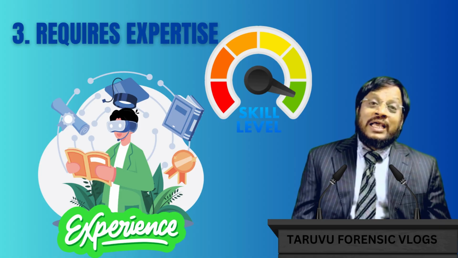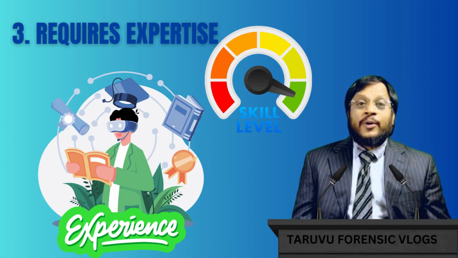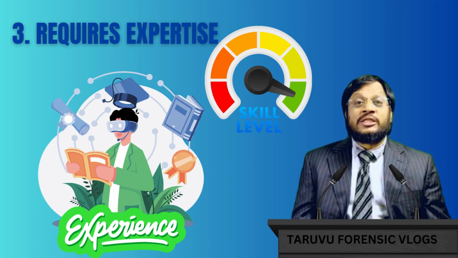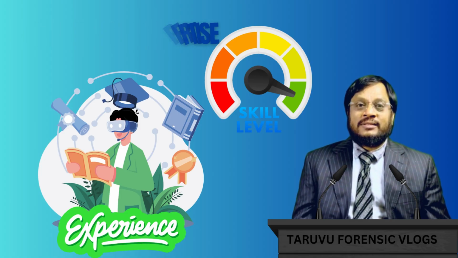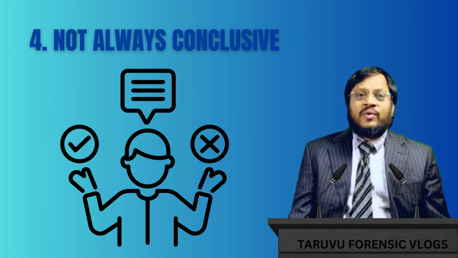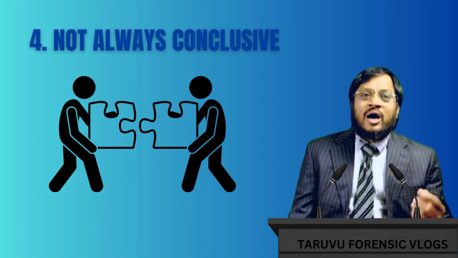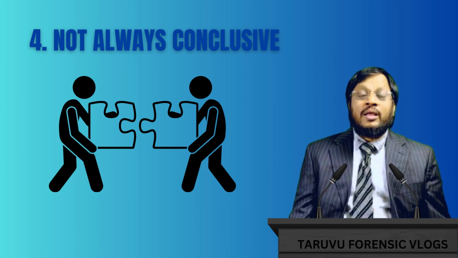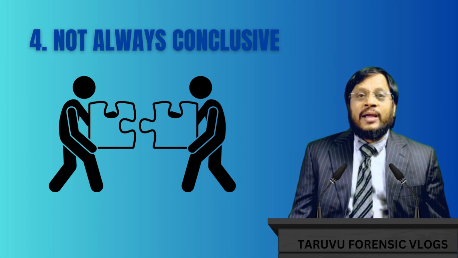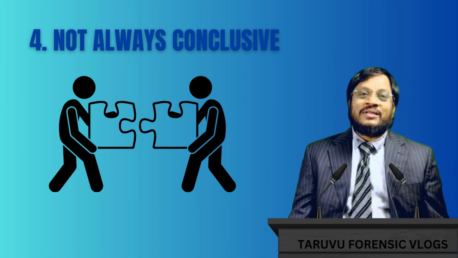BPA requires expertise. Proper analysis takes years of training and experience. Blood pattern analysis is not always conclusive. Bloodstains alone don't always tell the full story. They need to be combined with other forensic evidence.